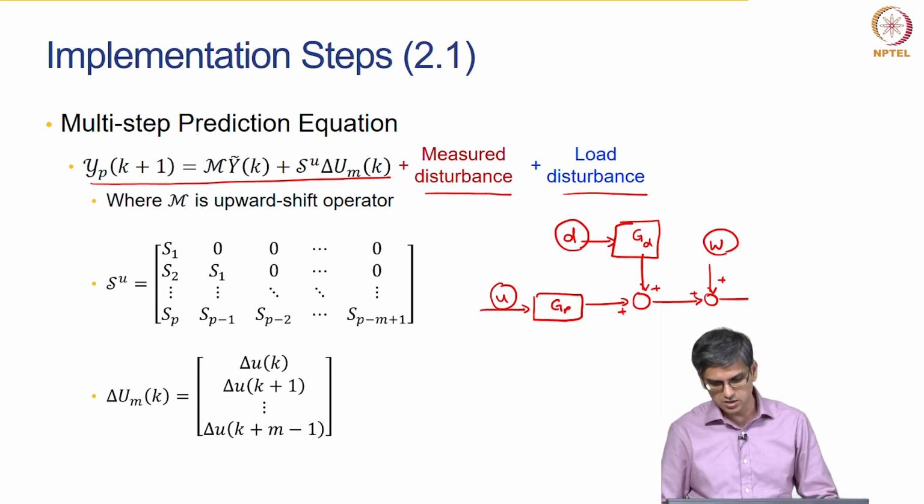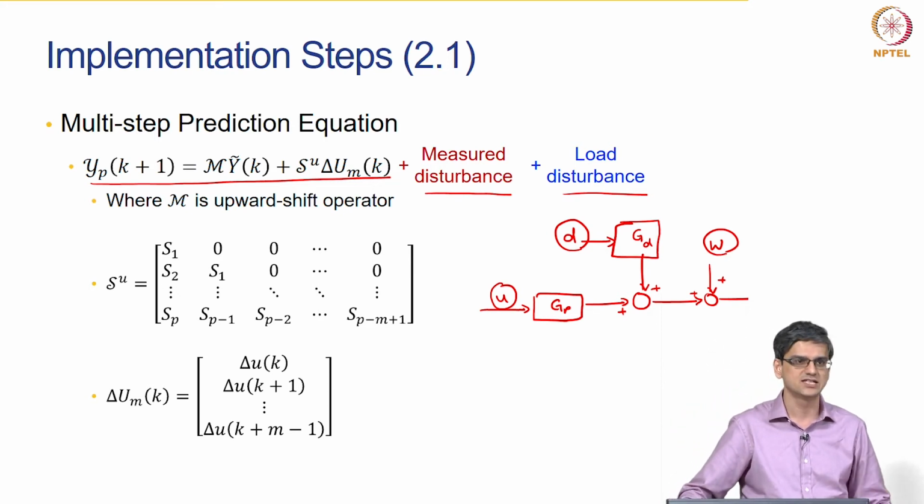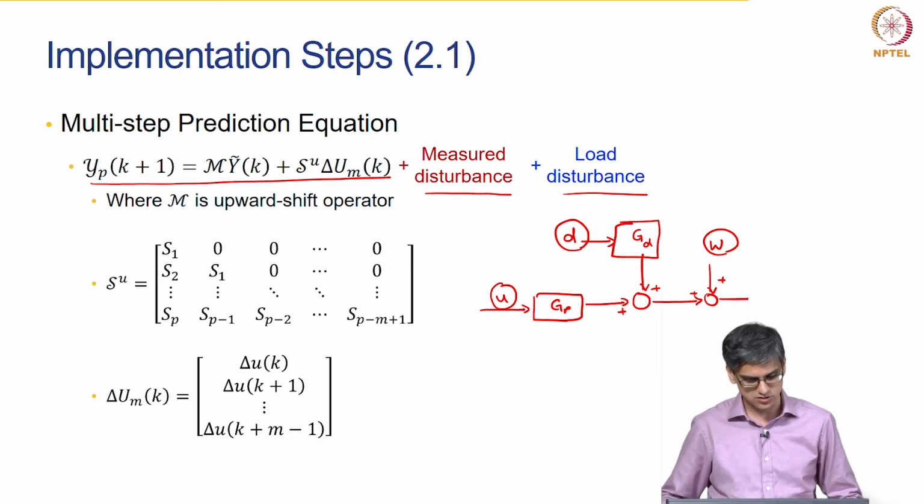Okay. And that is the common structure. This is not specific to MPC or anything like that. This is a common control structure that is common across any feed forward feedback or feedback feed forward control systems.